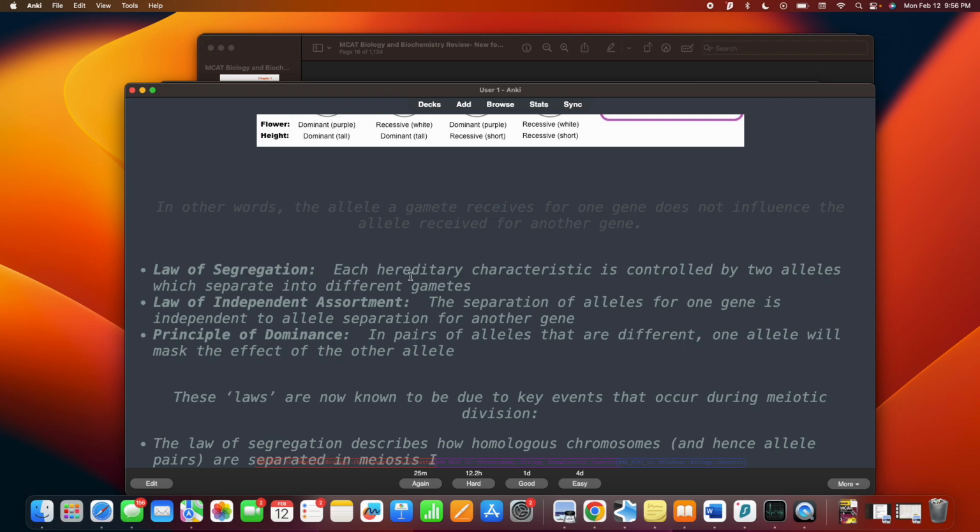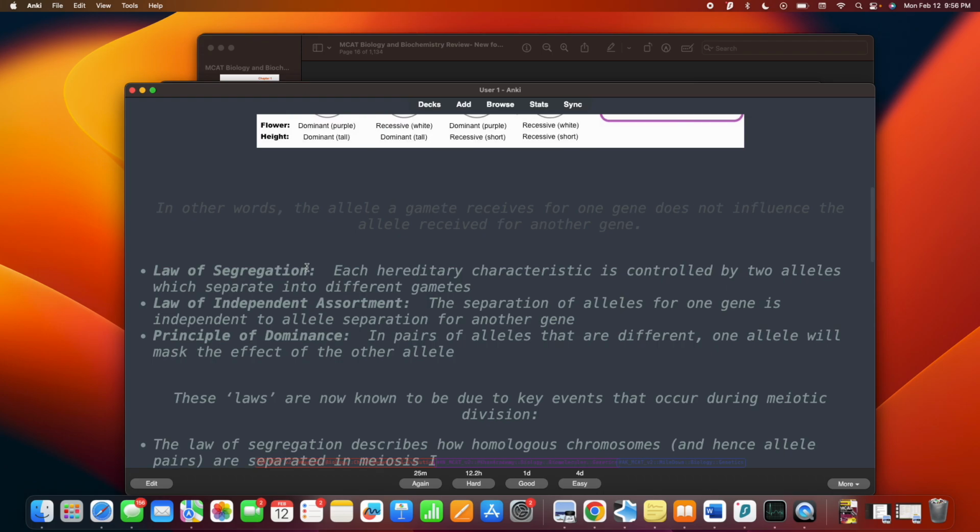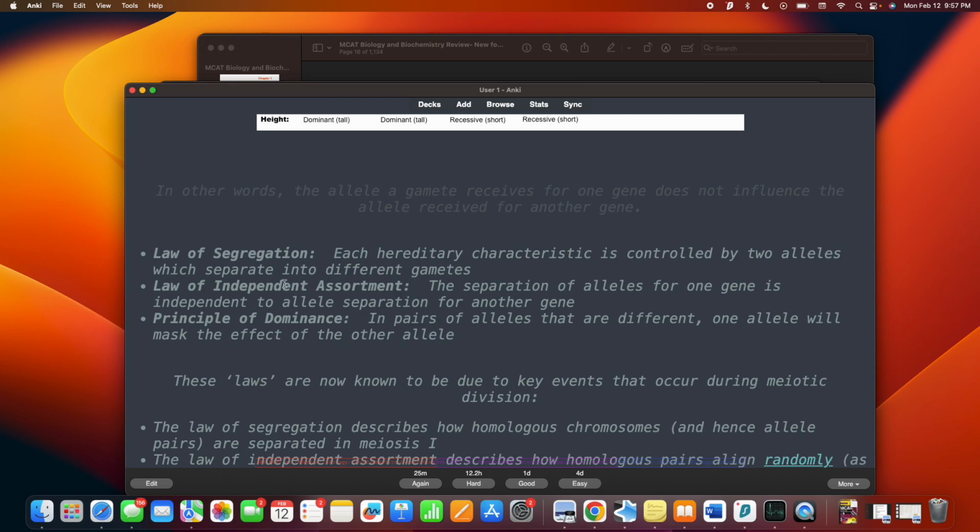Now, the law of segregation is that each hereditary characteristic is controlled by two alleles which separate into different gametes. Yes, and in segregation, the gametes are segregated. Two of them determine the hereditary characteristic that you have. And again, independent assortment is the fact that the chance of one allele being in your body is not affected by the other allele from the other gamete, right?